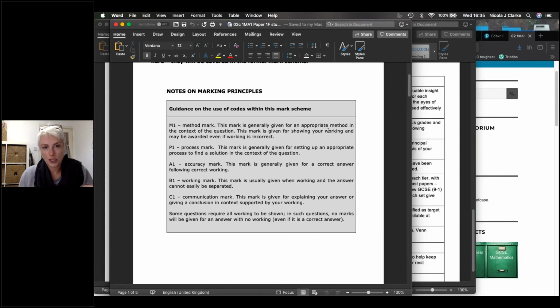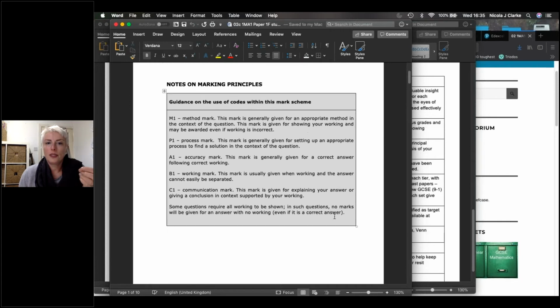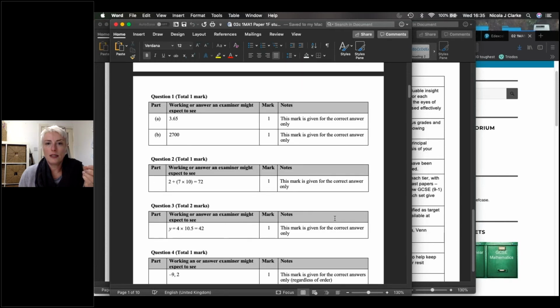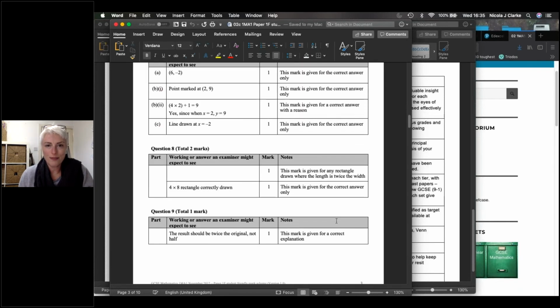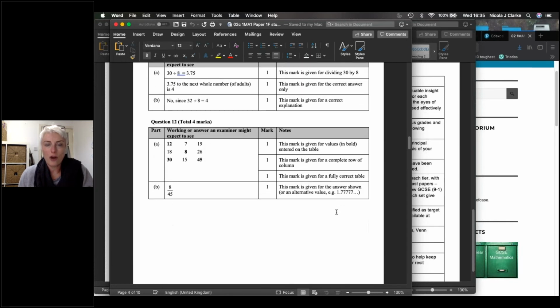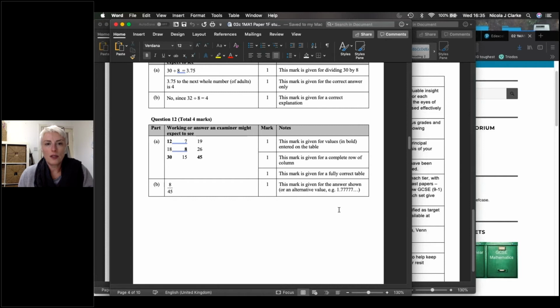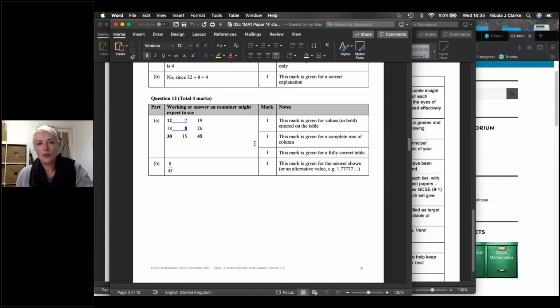This gives quite detailed information on how the mark codes are given. These are all quite straightforward because these are the first few questions. But as we move on, they give you what the examiner might expect to see, and what each individual mark is given for, and where they're broken down.